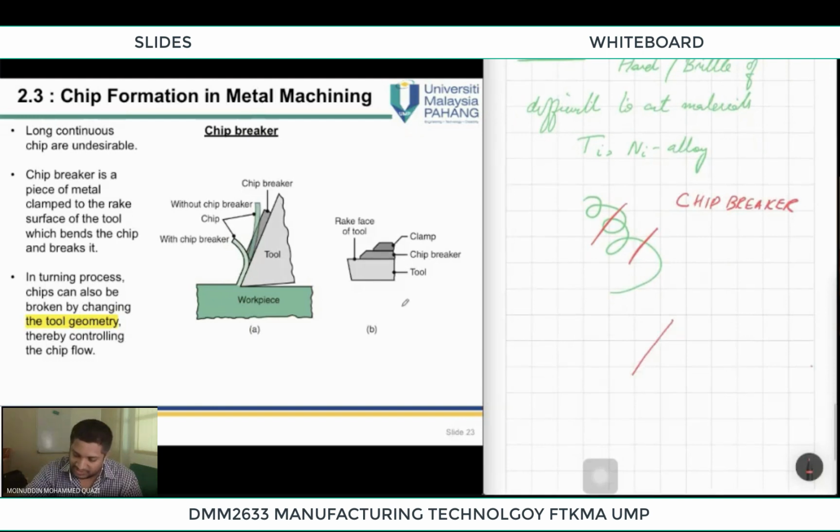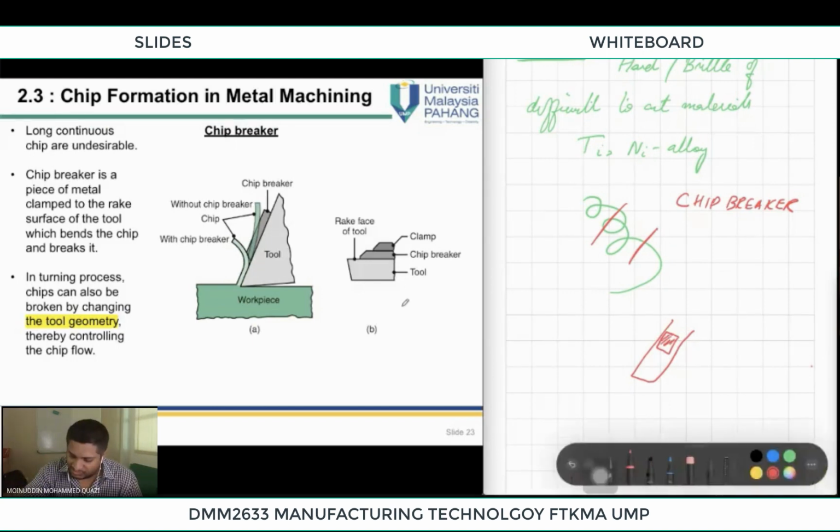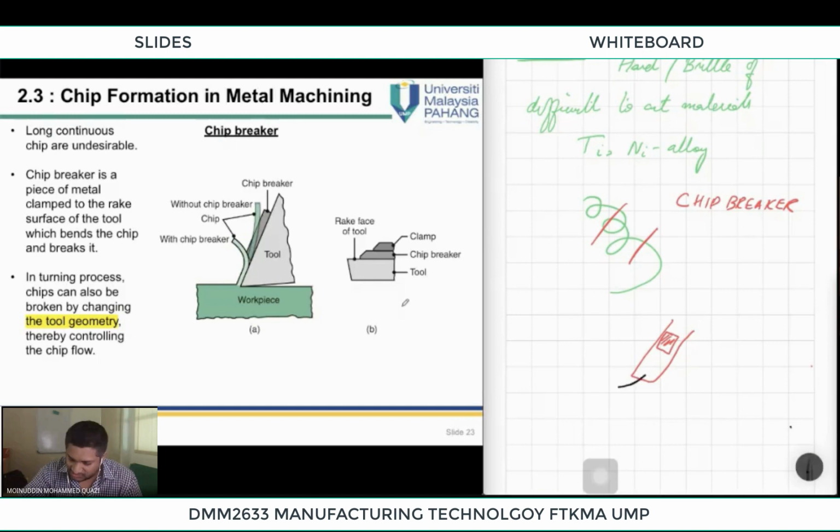If this is my tool, I can install a chip breaker here, a very small part. As the chip moves, it strikes and is broken into small pieces. As the chip strikes this chip breaker, it is deflected, and then later on it breaks. So the chip breaker can be clamped onto the tool.